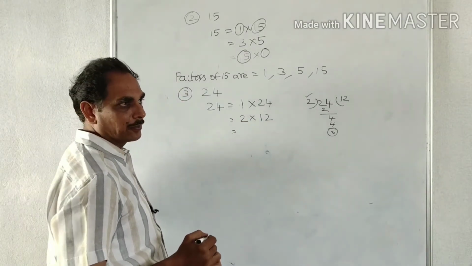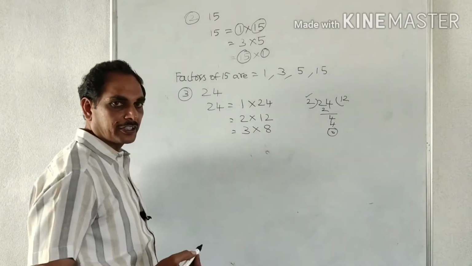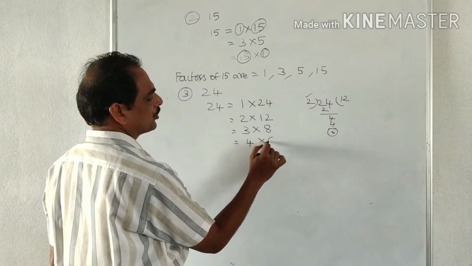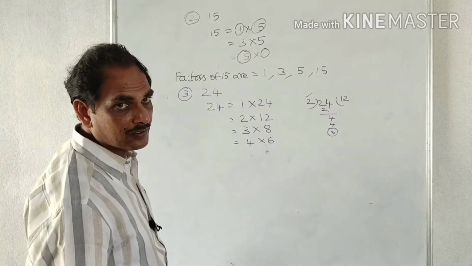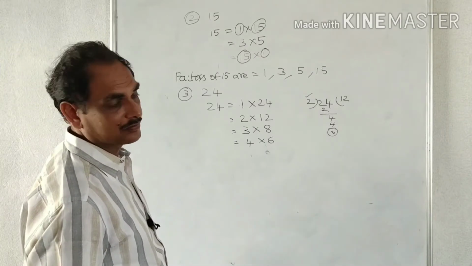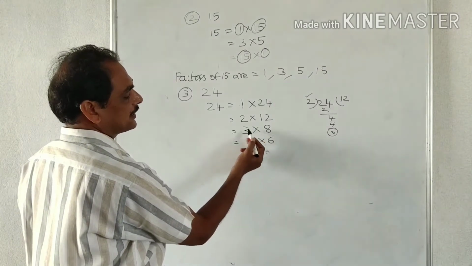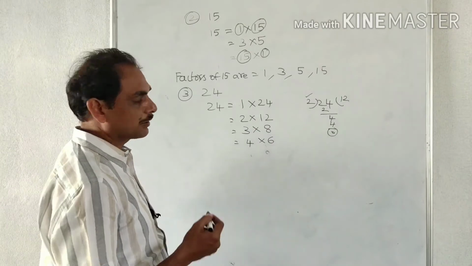Next, in the third table we get 3 eights are 24. In the fourth table we get 4 sixes are 24. In the fifth table there is no 24. Next, sixth table: 6 fours, 8 threes, 12 twos, 24 ones. So no need to write the remaining factors.